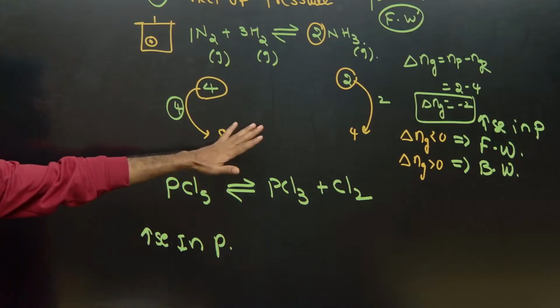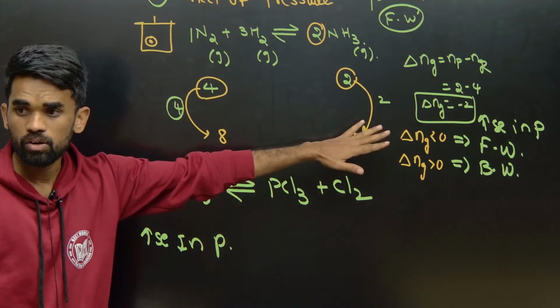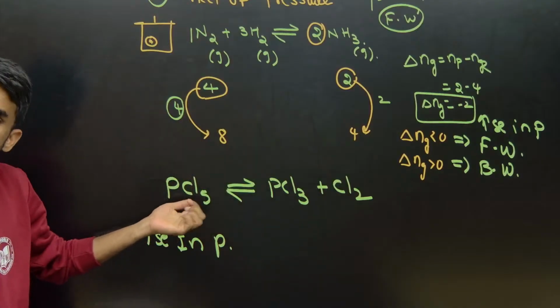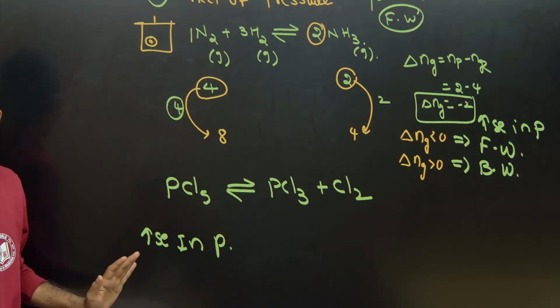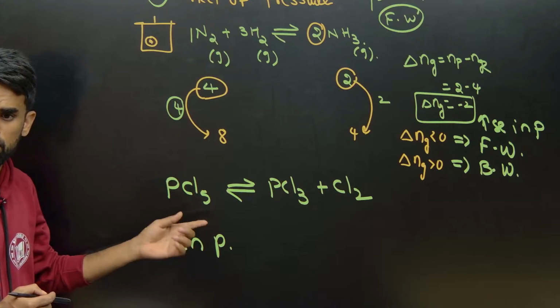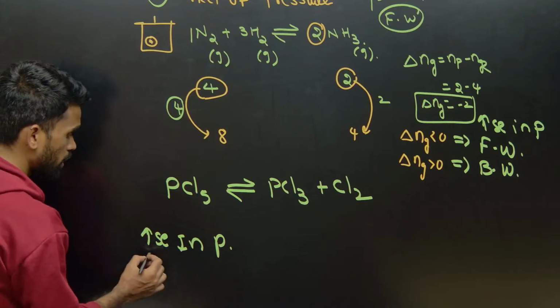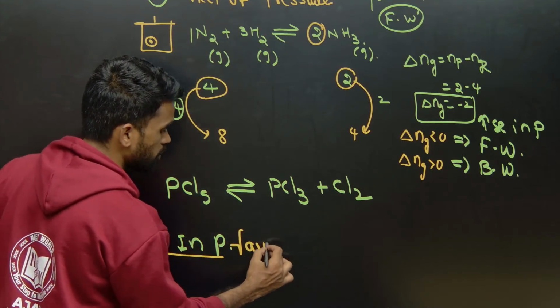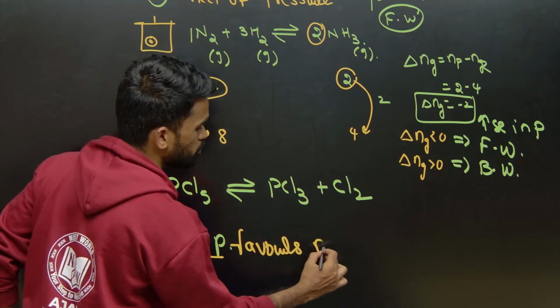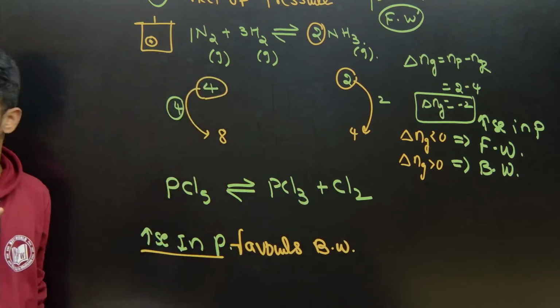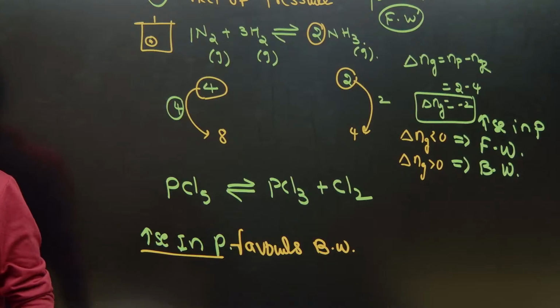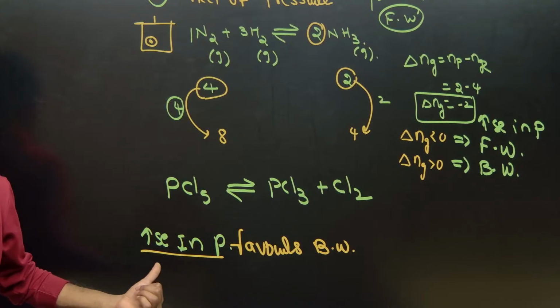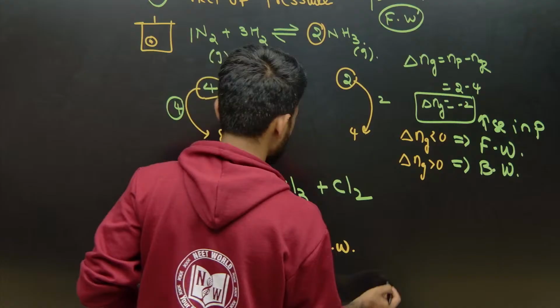I told you, the equilibrium moves to the side where you have the lesser number of moles. Where do we have lesser number of moles? PCl5, the reactant side. So increase in pressure favors the backward direction. That's it, very simple. Is this clear or not? Next.